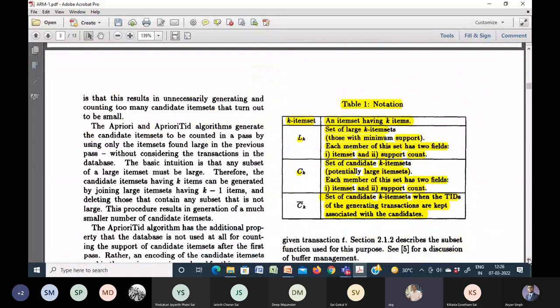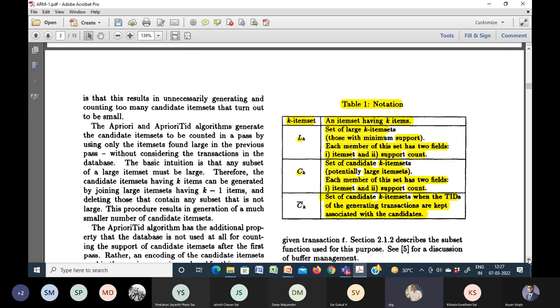Lk is the set of large k-item sets. The definition of large, as we mentioned, is those with minimum support.